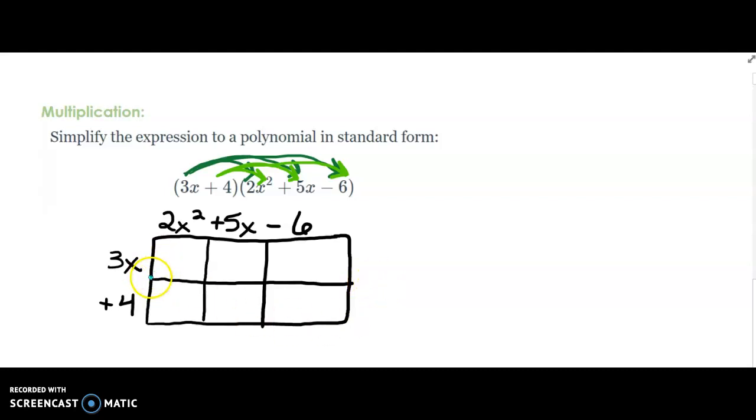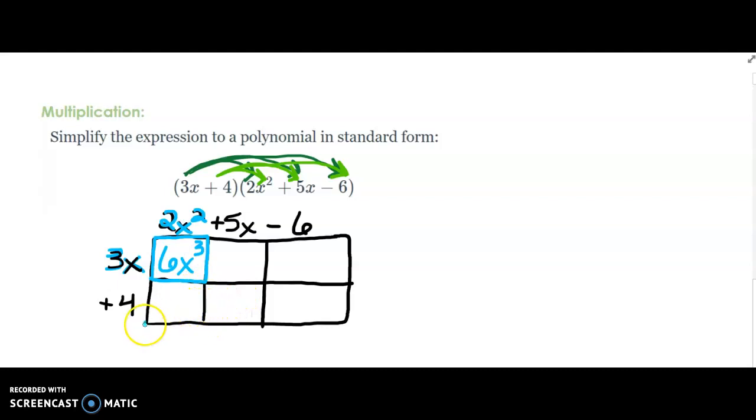For example, when we're trying to figure out what is in this box, all I'm focused on are what row I'm in and what column I'm in. And I'm multiplying those two things together. So 3x times 2x squared is going to get me 6x cubed.